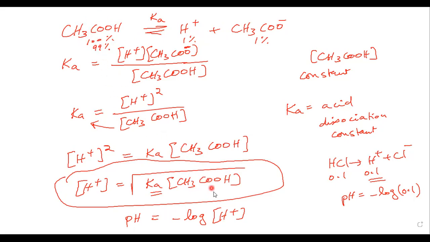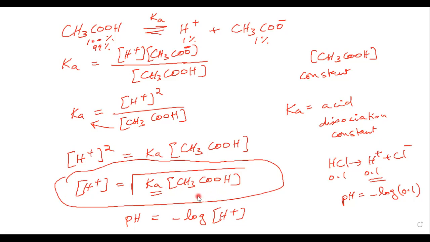The second approximation is that we didn't introduce water in the equation. Ethanoic acid, to dissociate, must be present in water. But for simplification, we didn't consider the water entering in these calculations, although it is present.